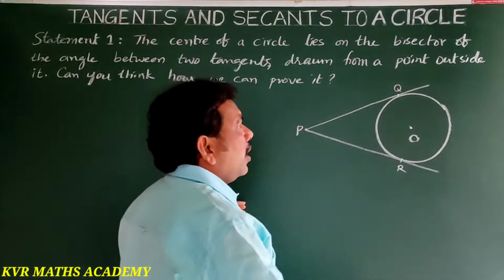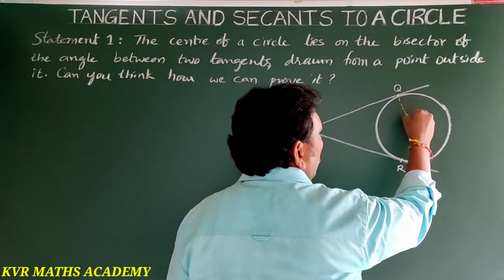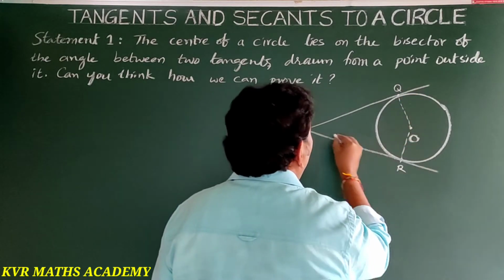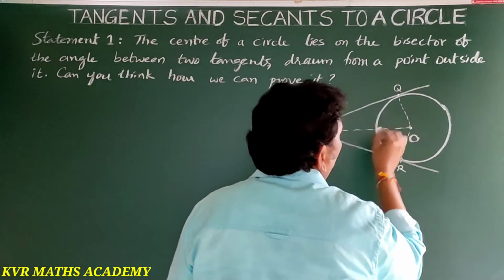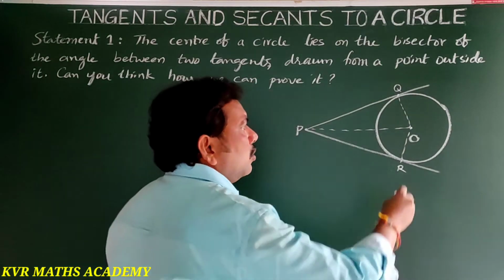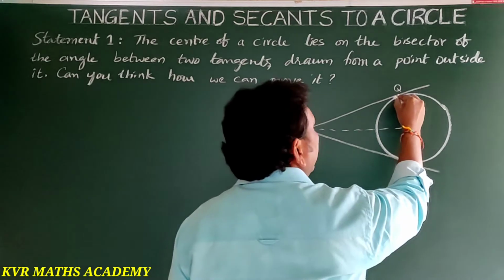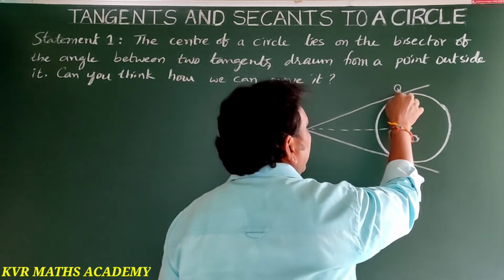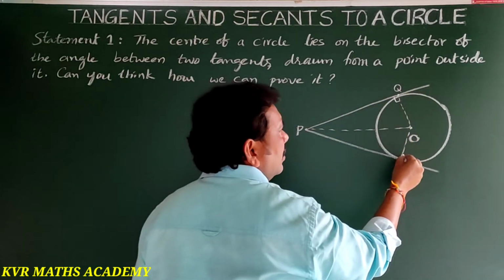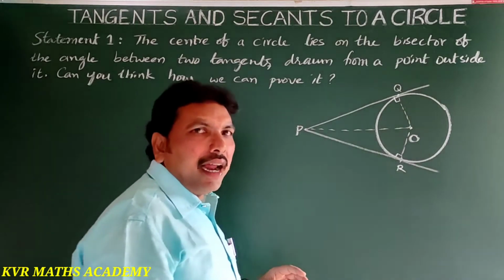Now join OQ, OR and PO. OQ and OR are the two radii. The angle between the radius and the tangent at the point of contact is 90 degrees.